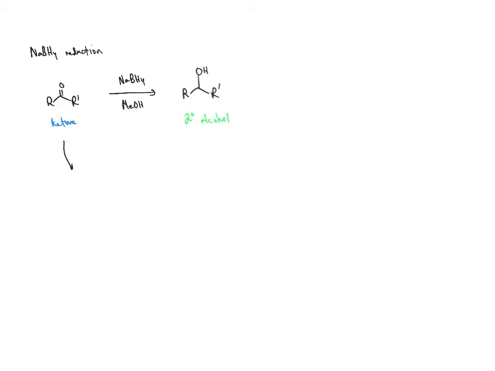Well, we've got a coordination of the ketone to the sodium cation. We, of course, have that pi star C=O as our LUMO. Right, we're going to have a boron come in.